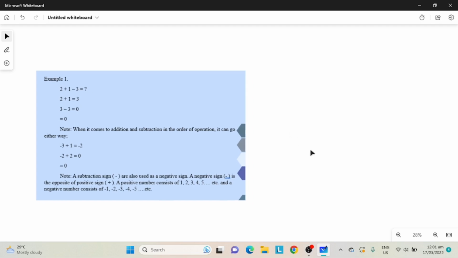So now moving on, in the addition and subtraction of order of operations, we need to know how the order of operations works. Of course, we know the multiplication, the division, the addition, and subtraction. We know all of it. But we also need to know how we have to order these operations.